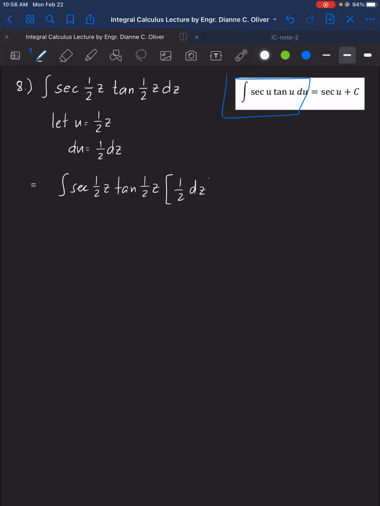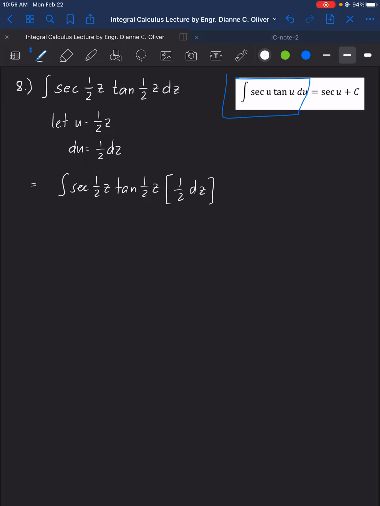So our u here, or what we let as u, will be the angle 1/2 z. So du here becomes 1/2 dz. Now if we substitute it with the pattern, it becomes integral of secant 1/2 z tangent 1/2 z, because the u here is 1/2 z, and then the derivative of u is 1/2 dz.